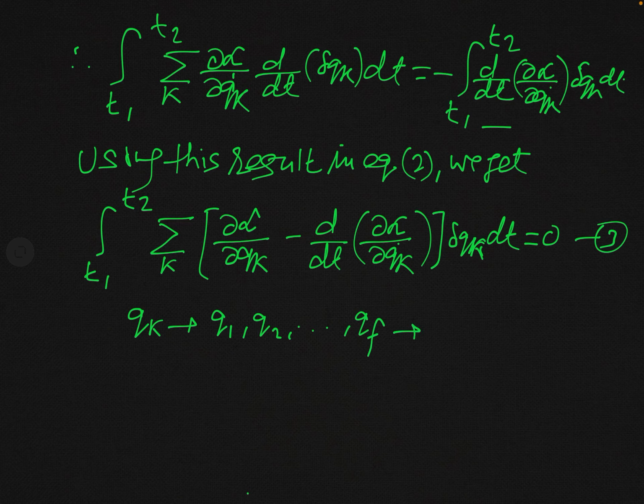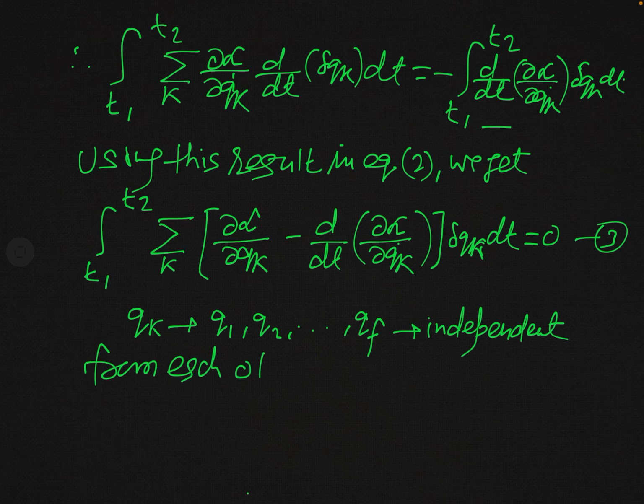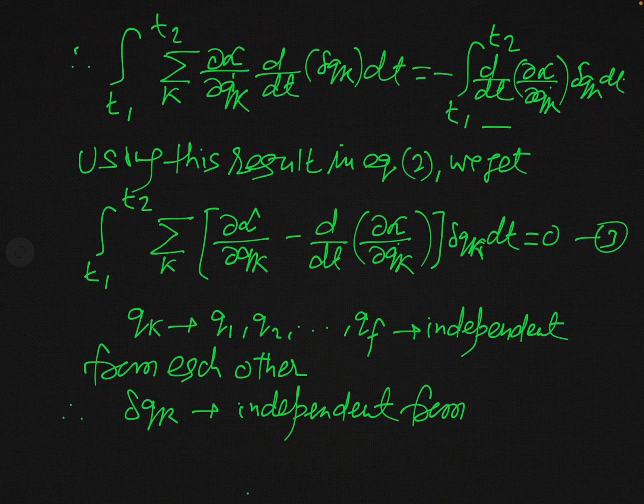So these qk are independent from each other, and therefore you can say that this delta qk will also be independent from each other. When you say delta qk, it means delta q1, delta q2 and so on up to delta qf.